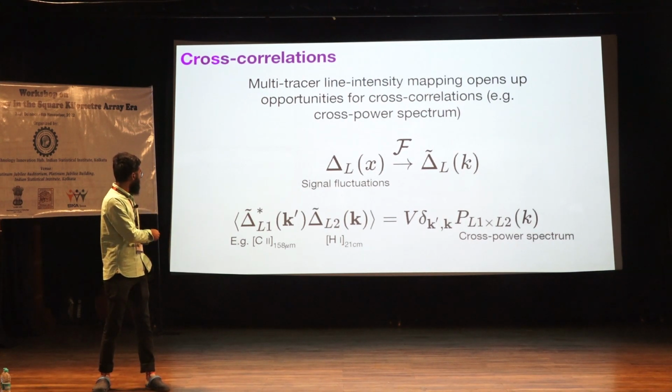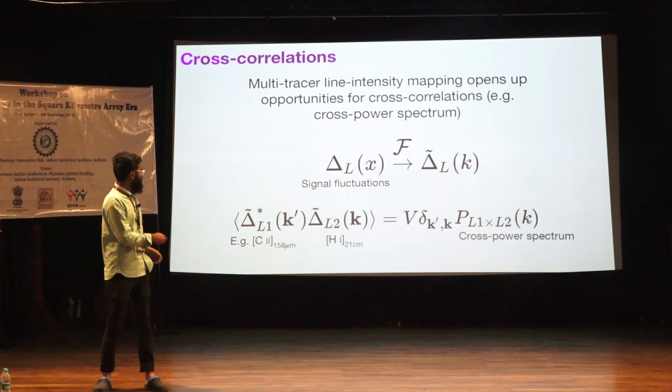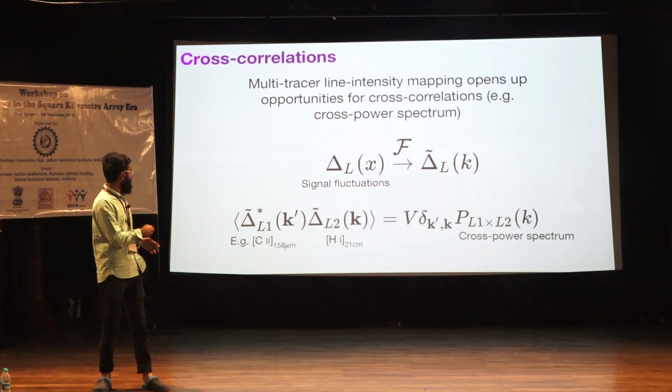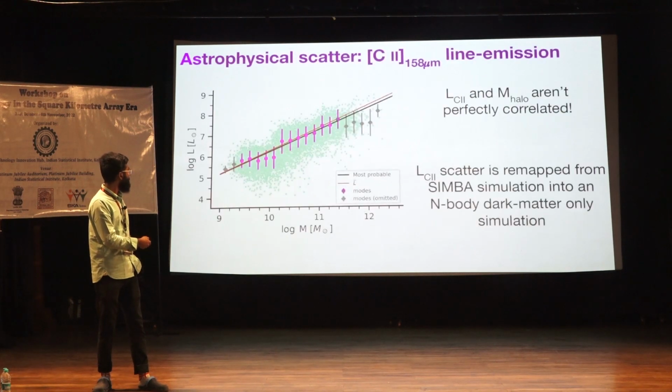And for example, if we take the C2 line emission and the line emission from the IGM, which is the 21 centimeter, and if we cross correlate them, in principle we can estimate this statistic, which we call the cross power spectrum. And this has certain benefits. For example, it is more robust compared to the power spectrum with respect to foreground contamination, and it can also be used to track the reionization history. So these kinds of interesting cross correlations can be done using various line emissions.